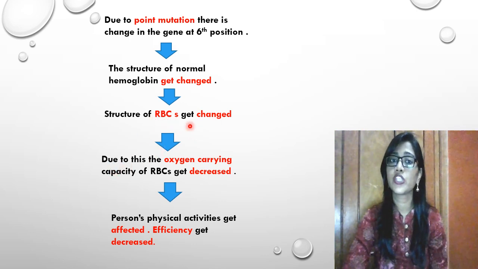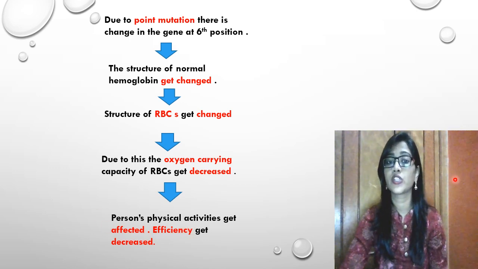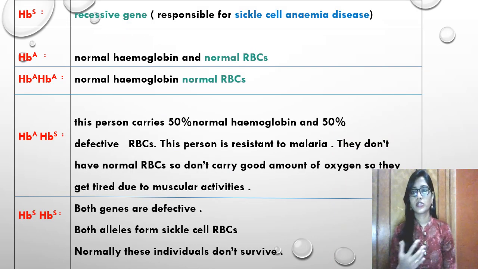Because of this change in the red blood cells, the oxygen carrying capacity of the RBCs gets decreased. The surface area gets decreased, and of course the capacity gets decreased, and because of that, the person's physical activities get affected and the efficiency gets decreased.